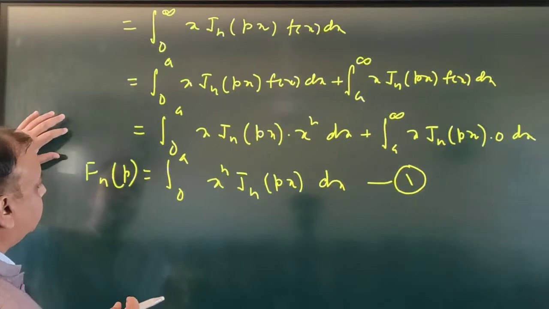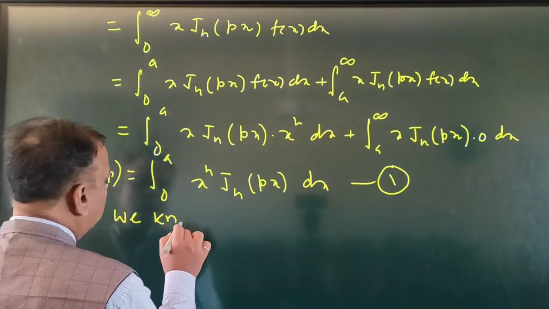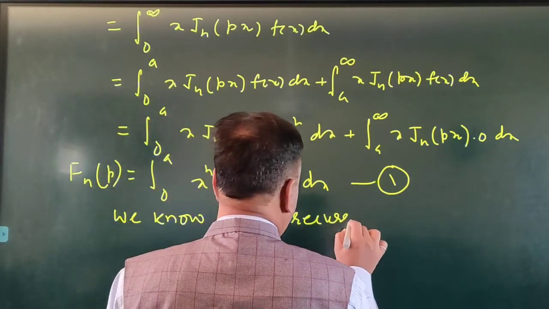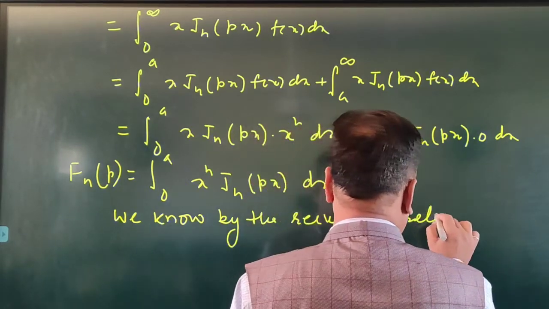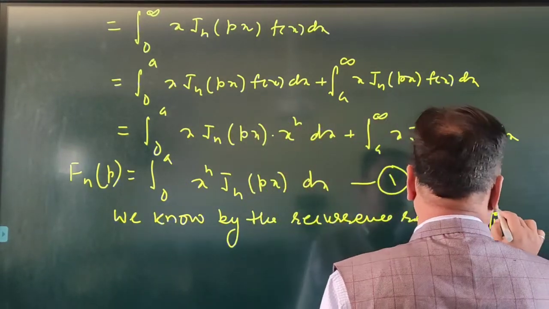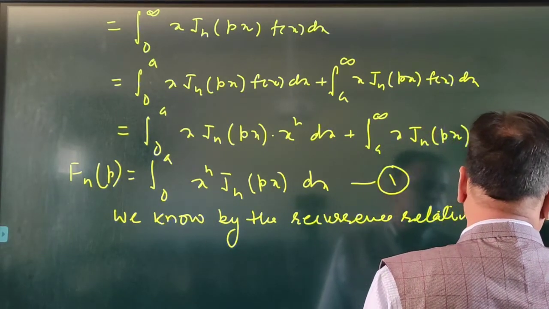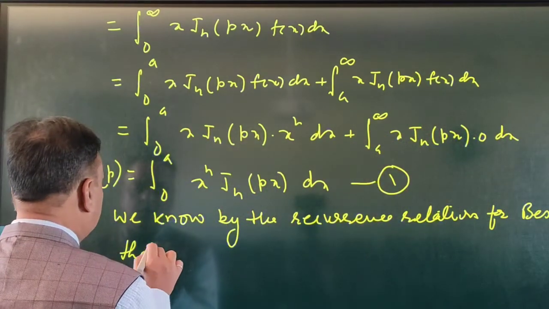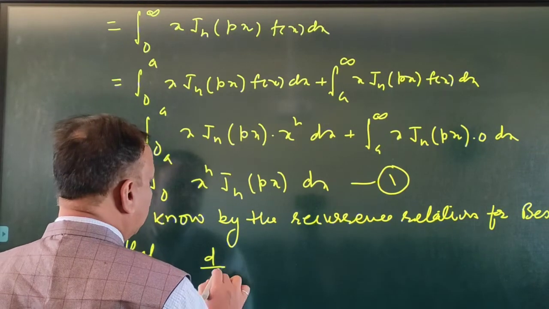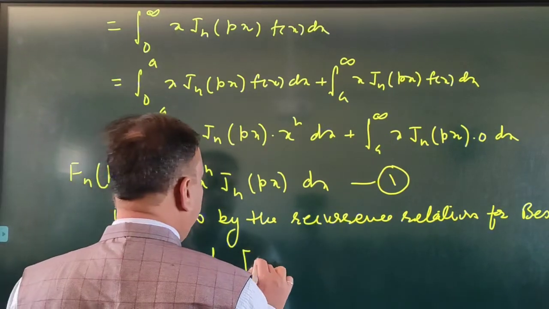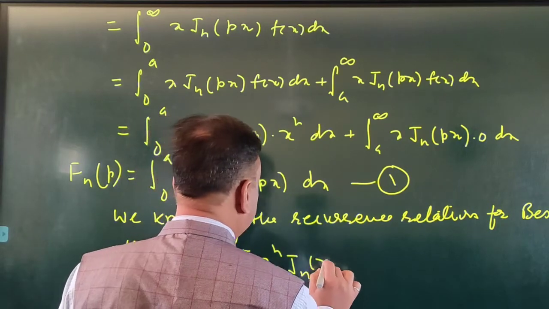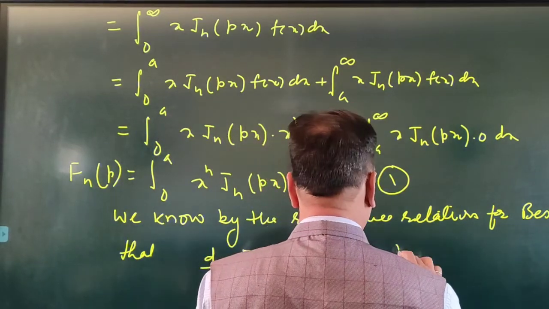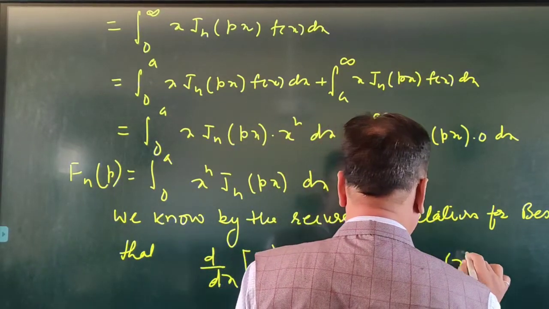We know by the recurrence relation for the Bessel function that d by dx of x raised to n J_n(x) is equal to x raised to n J_(n minus 1)(x).